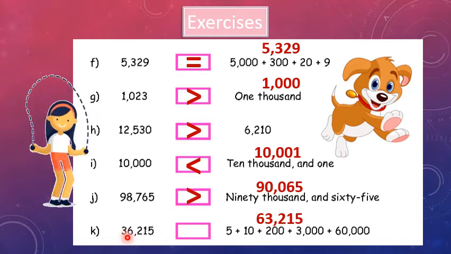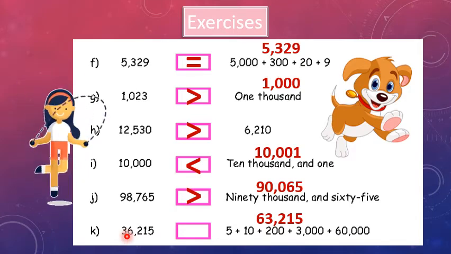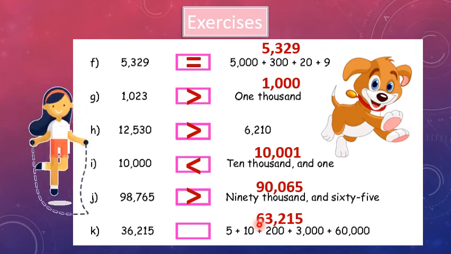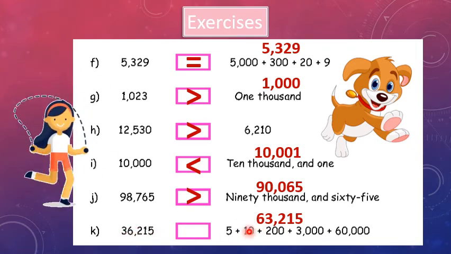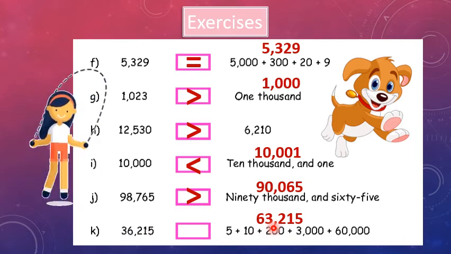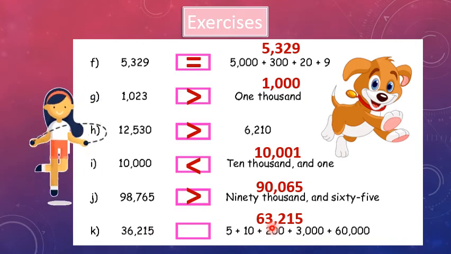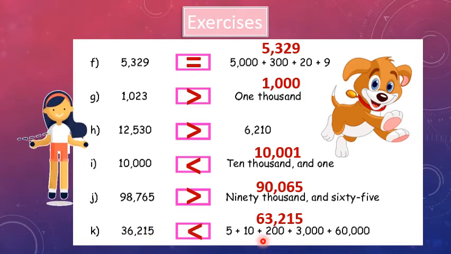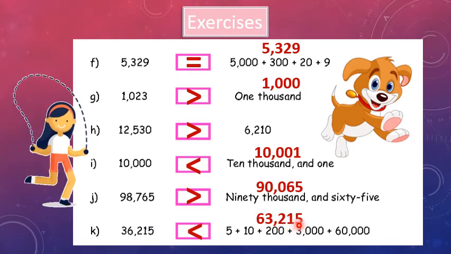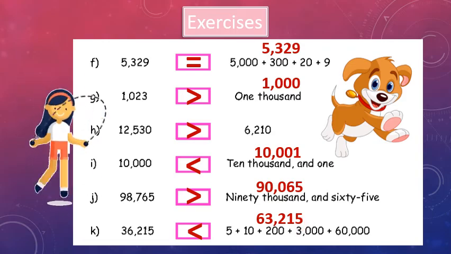Here we have 3 in the 10,000 place, and here we have 6 in the 10,000 place. Which is bigger, 36,000 or 63,000? Good job. Then 36,215 is less than 63,215. Good job.